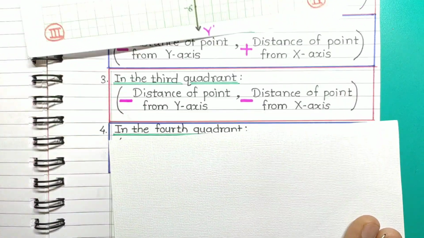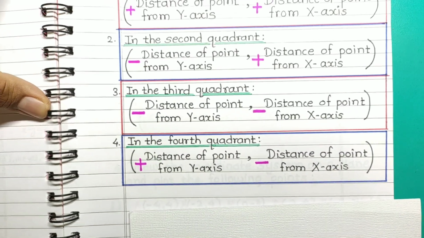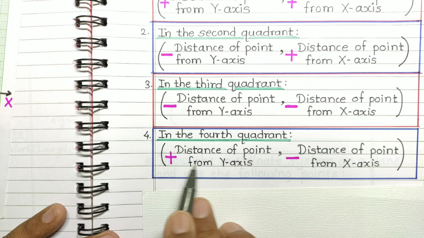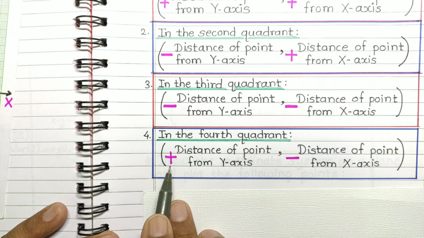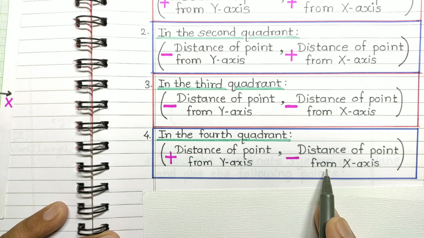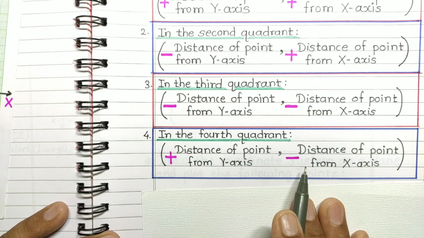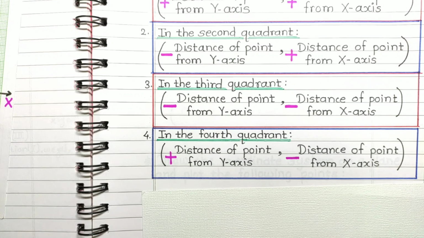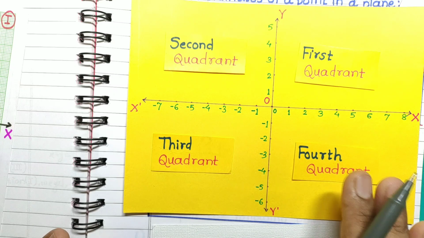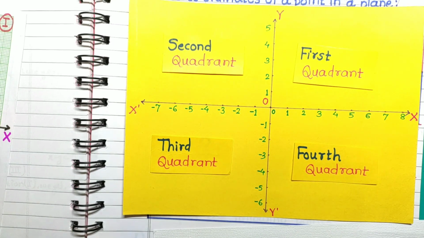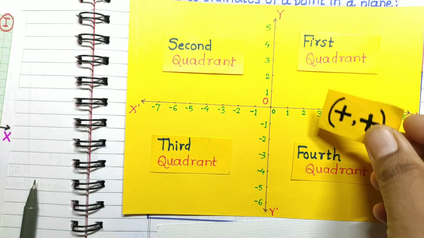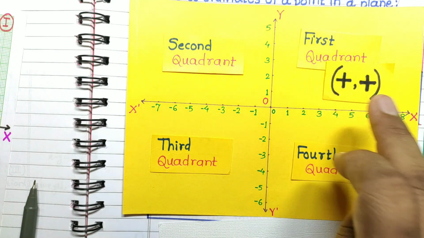See, in fourth quadrant we find x coordinate as distance of point from y axis with positive sign, and y coordinate as distance of point from x axis with negative sign. Briefly, here you note that in the coordinate system, in the first quadrant, both the coordinates have plus sign.